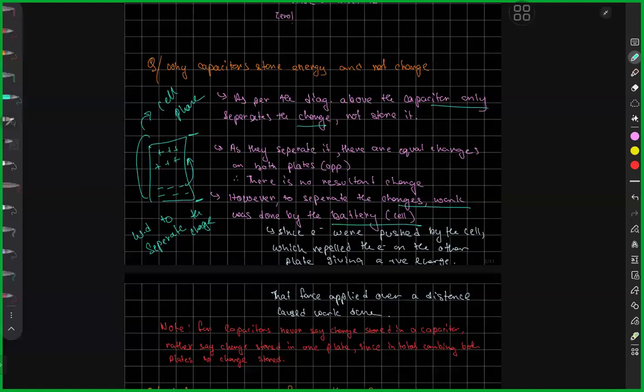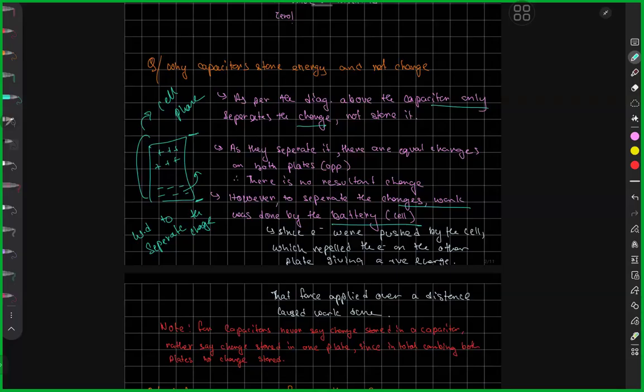Okay. So when I separated the charges over here, I stored some amount of energy. And now as I start using my device and I demand energy, there will be a flow of electron over here. And as it proceeds, the PD over here decreases and the stored energy goes to zero.